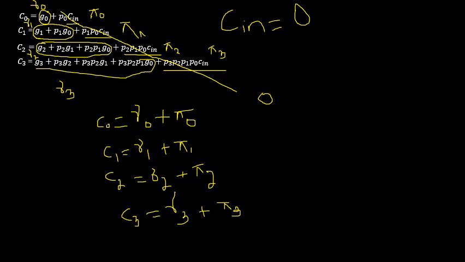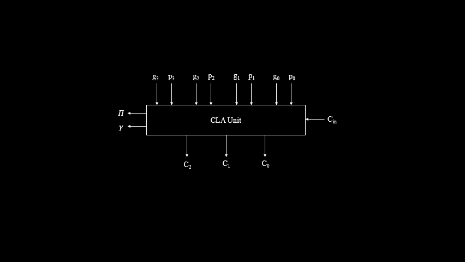Further, if you consider the logic of a carry look ahead adder, here I have considered it in terms of a pass signal as well as a generate signal. This is a carry look ahead adder unit comprising of only 4 bits, starting from 0, 1, 2 till 3. It has the inputs in terms of pass signal as well as generate signal: P0, G0, P1, G1, P2, G2, P3, G3, and it has the main carry input Cin, and it generates the main carry output.